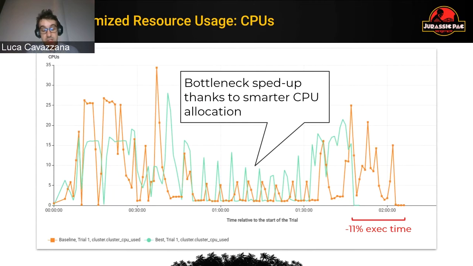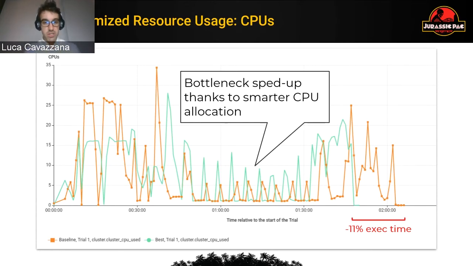And so the engine was able to identify that all those executors were not really doing useful work, so it was better to have fewer executors and slightly increase the CPUs allocated to the ones that were actually working, moving this way from 11 executors with 3 CPUs to just 3 executors with 5 CPUs.